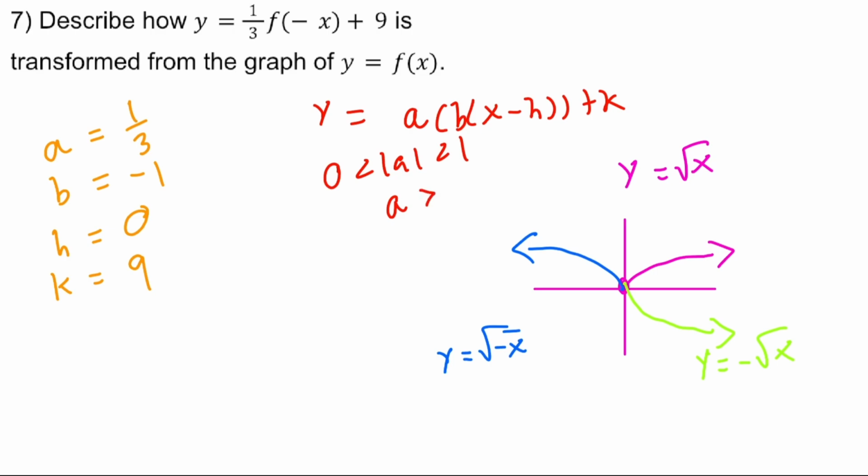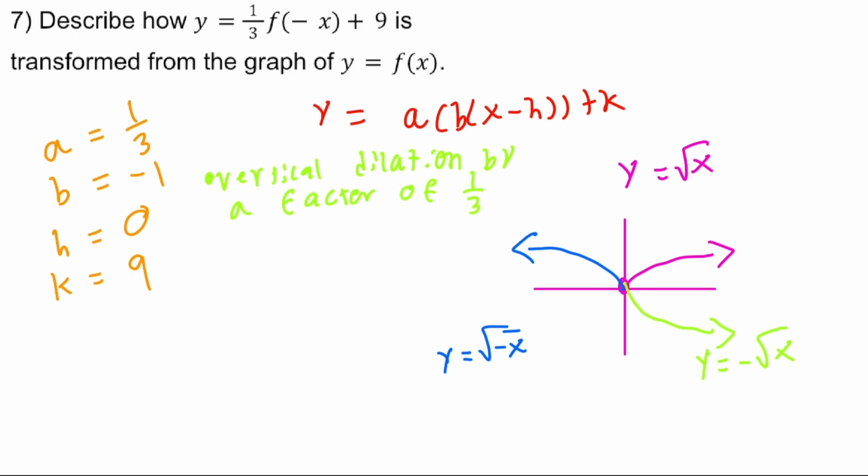If the absolute value of a is greater than 1, we could call that a vertical stretch. But if you don't want to write that out, you could just call it a vertical dilation. So I would say that this is a, I'm going to put a bullet point, vertical dilation by a factor of 1/3.